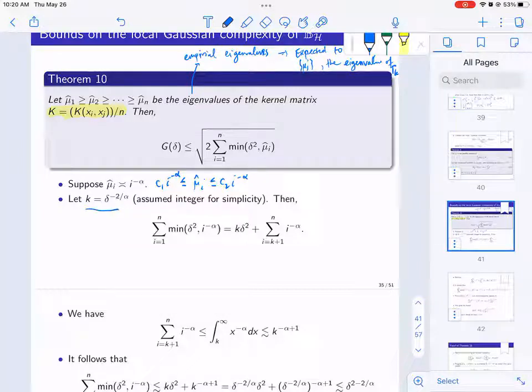So you see that for i from 1 to k, basically the minimum would be delta squared, and then for i from k plus 1 to n, as i grows, i to the negative alpha gets smaller, so eventually this takes over, so you get i to the minus alpha. Right, so this gives me k, this gives me exactly this.